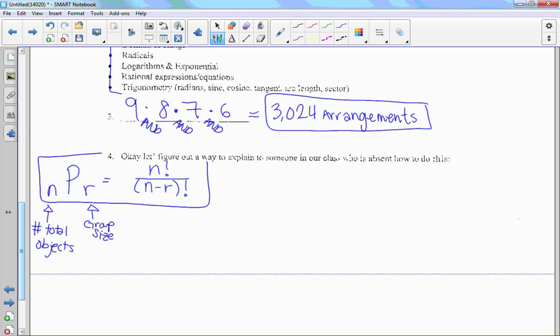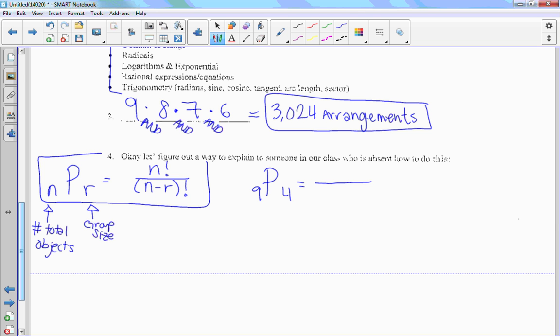Occasionally, you have to work this out by hand, but generally, you're able to just plug into your calculator. So we're just going to do a couple of workouts by hand so you know how it works. In our review for the Sage test example, how many different topics were there that we could review? 9. So we're going to have 9 permute. How many topics do we have time to review? 4. 9 permute 4.